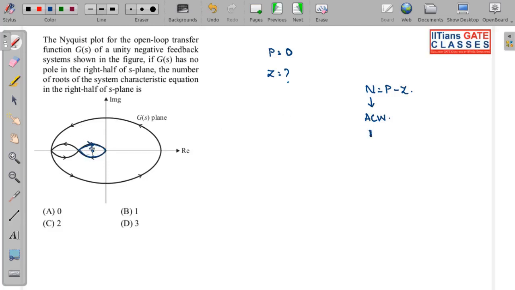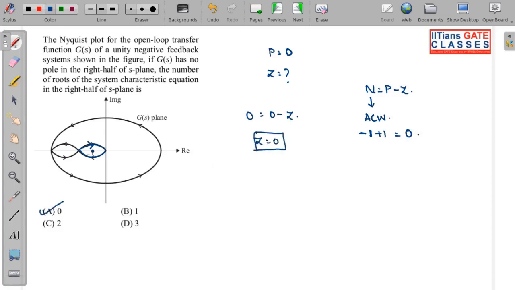One more encirclement of the critical point was in the clockwise direction, so that is minus 1, and this encirclement is in the anti-clockwise direction, so plus 1. So the number of encirclements is 0. So 0 is equal to 0 minus Z, so the value of Z is 0.